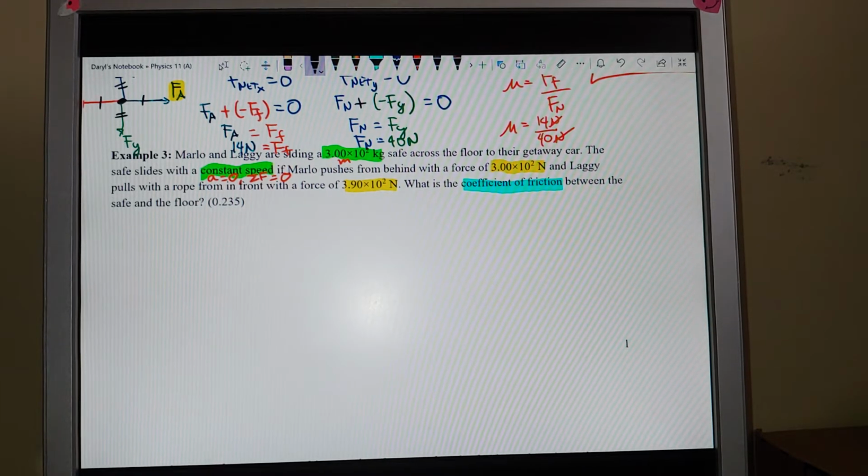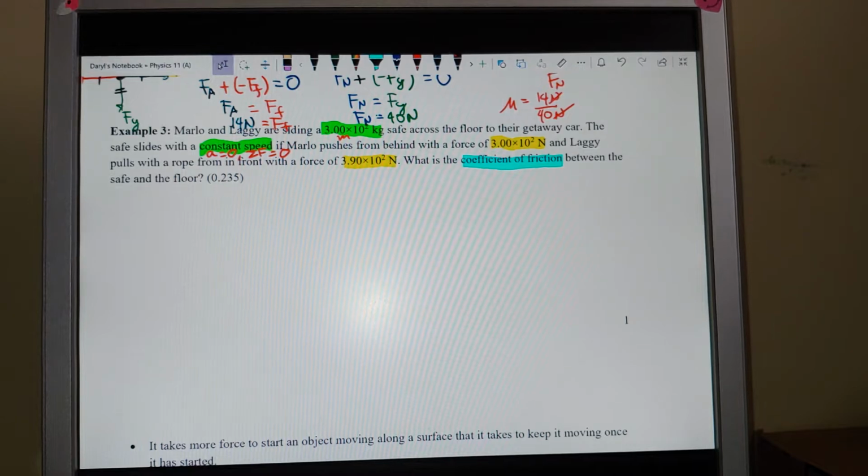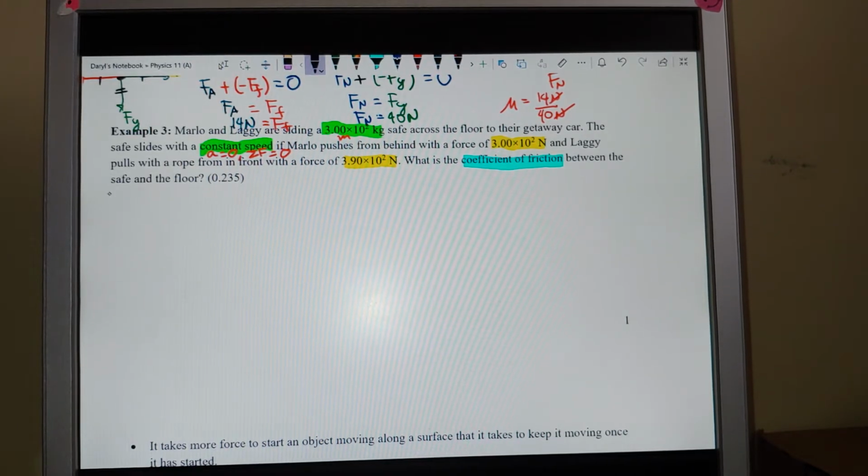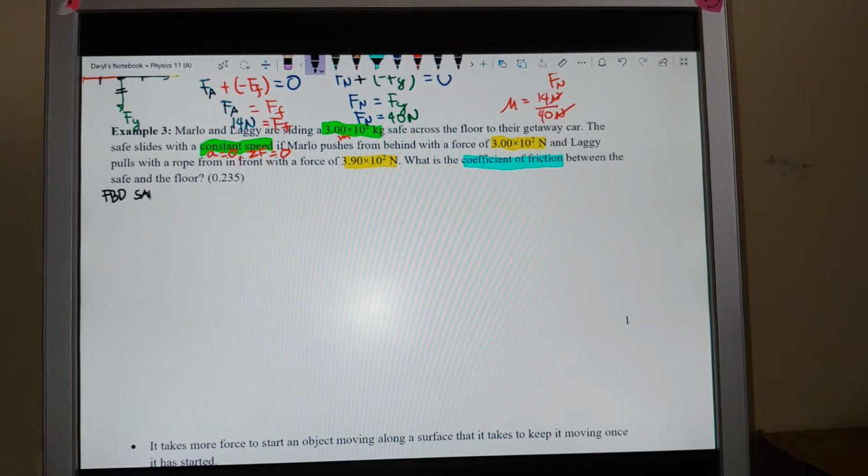Just like any dynamics problem, the first thing we're going to do is draw a free body diagram. We're going to check the forces acting on our safe.